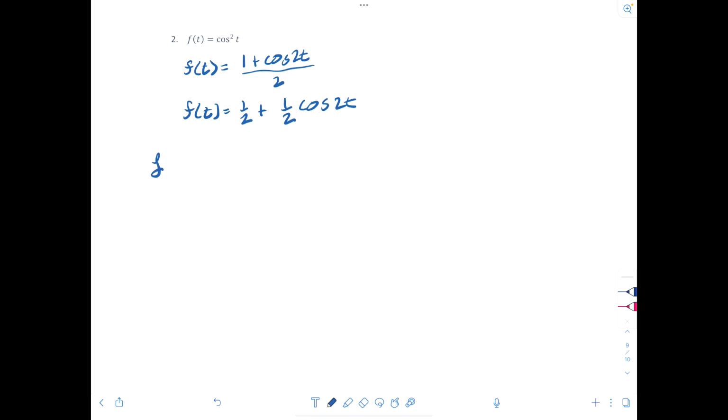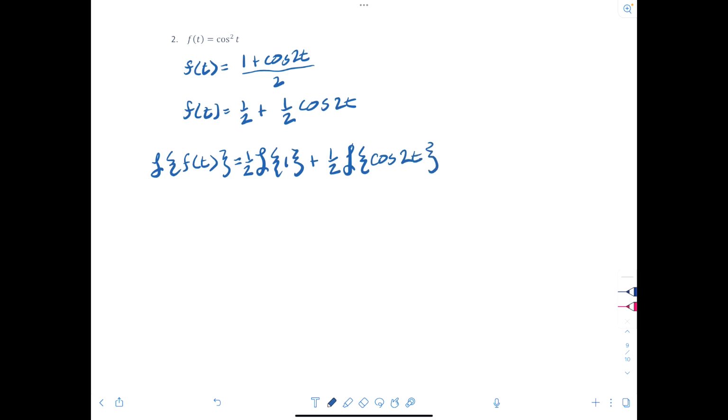So L of f at t will be equal to 1/2 times L of 1, so I can match it up perfectly, plus 1/2 times L of cosine 2t. So that's going to give us 1/2 times 1 over s plus 1/2 times s over s squared plus k squared.